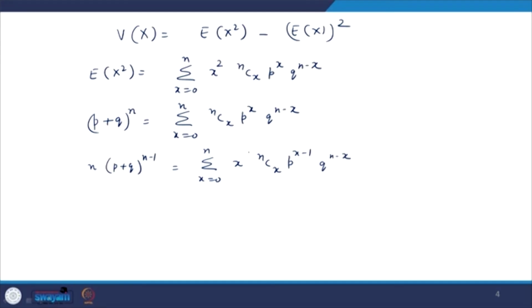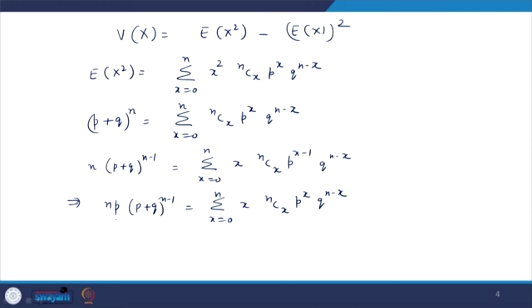Now, you want x square here, so first you have to make it p raised to power x. So, you multiply both sides by p. Okay. If you multiply both sides by p, it is p raised to power x q raised to power n minus x. Now, again you differentiate with respect to p because you want x square.